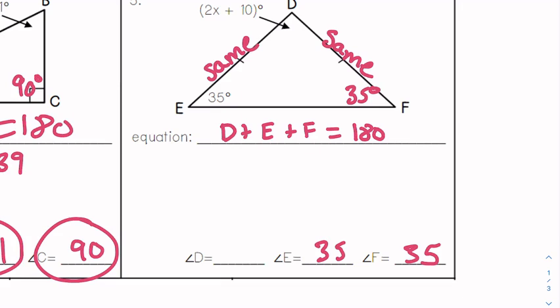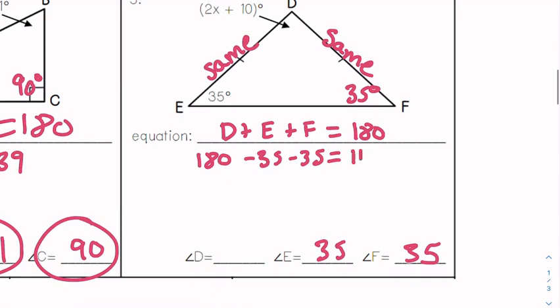So to figure out what angle D is, let's just subtract. Once you know what 2 of the 3 angles are, you can subtract them from 180 to find that third angle. So we're going to subtract 35 twice, since there's 2 of them, and we're going to get 110 for angle D.